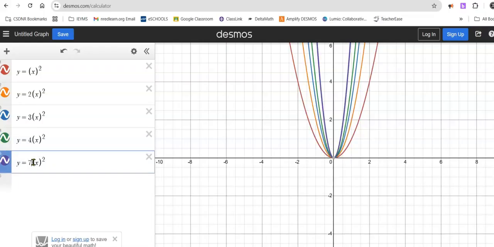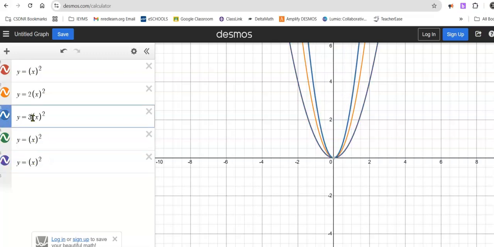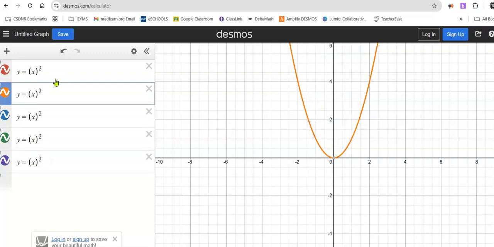What if I put a 7, or an 8, or a 9, or a 10? This is known as a dilation. And as long as the number is higher than 1, it stretches this parabola vertically or makes it more narrow. Now, in order for the parabola to go back to its parent function, you need to remove that coefficient.